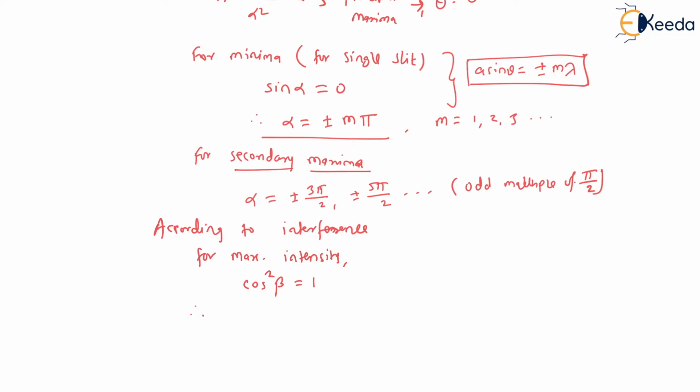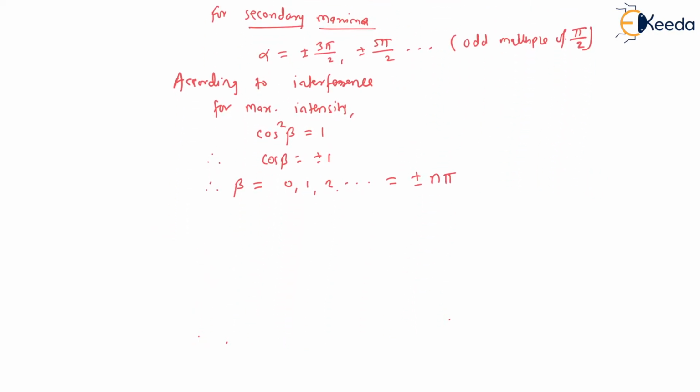That means cos beta has to equal plus minus 1, and therefore beta will take the values 0, 1, 2 and so on, or in general plus minus n pi, where n is 0, 1, 2 and so on. So this is the condition for maximum intensity for the interference component.